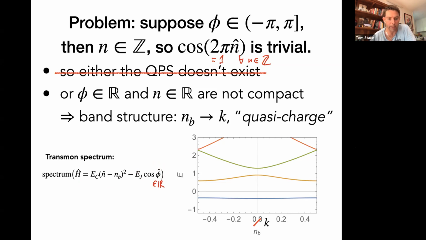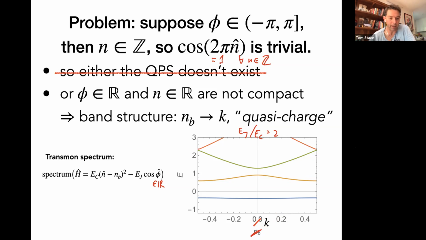And I can plot the spectrum of that very straightforwardly just by taking one of the plots that I had earlier. I think this is for EJ over EC equals 2. I can plot that spectrum again, but I'm going to replace the parameter n_g, which was a classical parameter, a classical voltage, with a new coordinate k, which is now a quantum number called a quasi-charge.